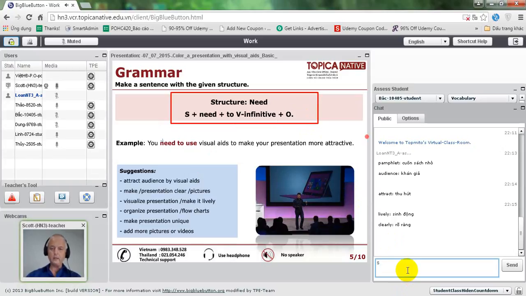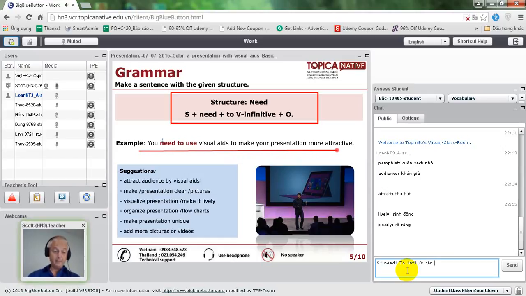Okay. Here's an example of what we could say. You need to use visual aids to make your presentation more attractive. Okay, so you need to use visual aids to make your presentation more attractive.